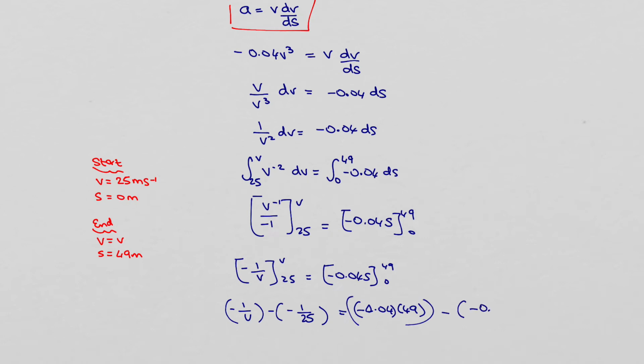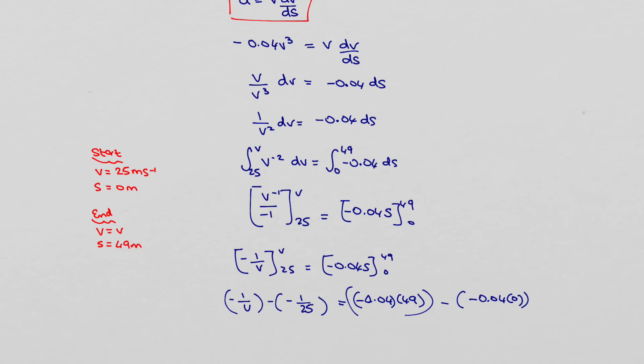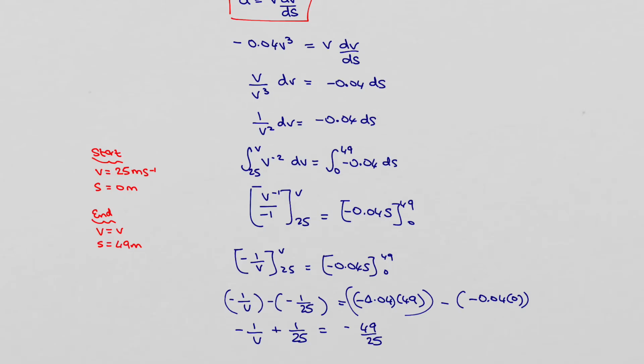minus 0.04 times 0, which is obviously going to be 0. Therefore on the left I have minus 1 over v plus 1 over 25 is equal to minus 49 over 25. Okay, so let's simplify that. So 1 over v is equal to 1 over 25 plus 49 over 25.